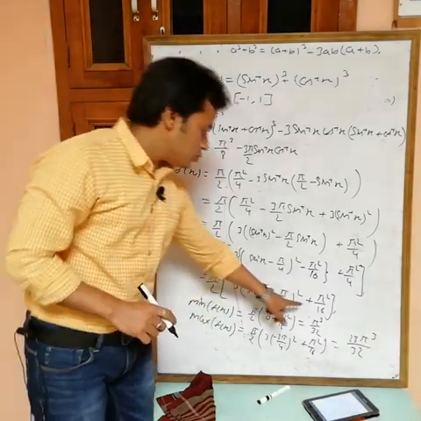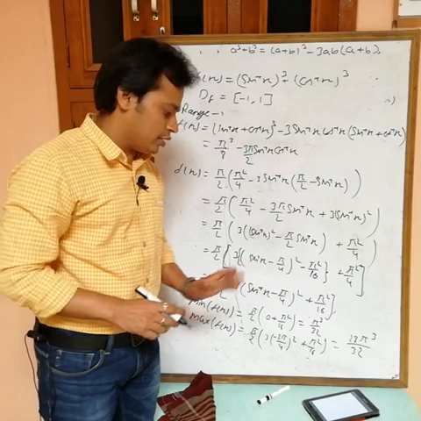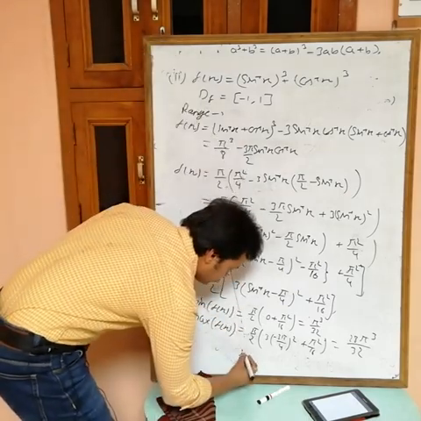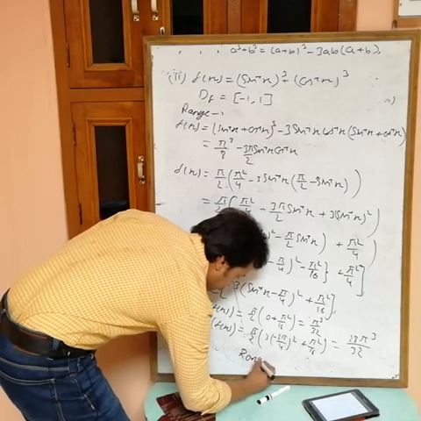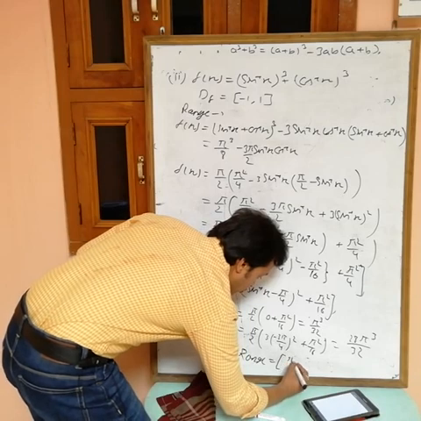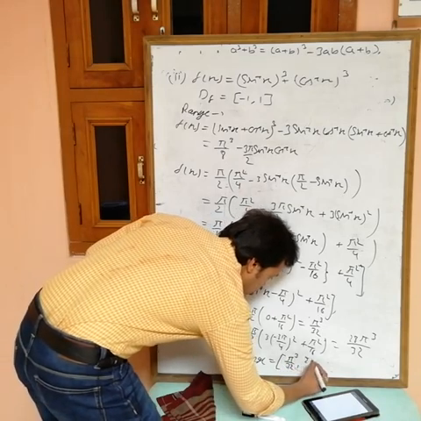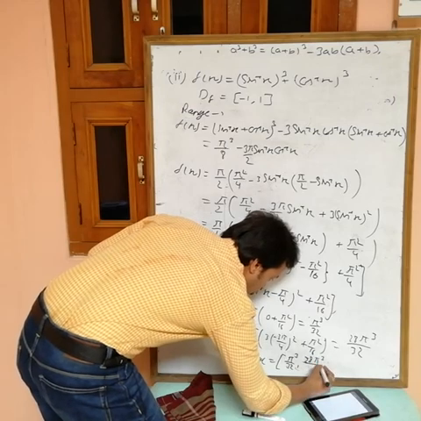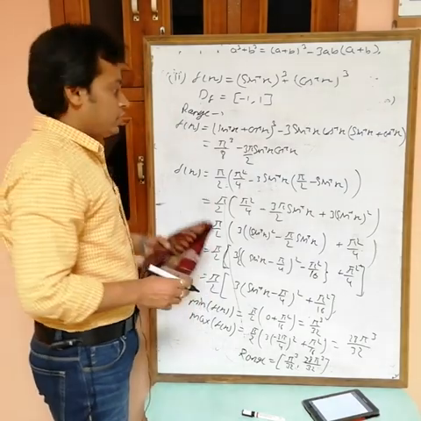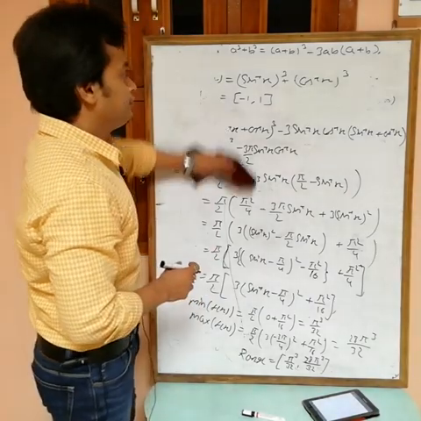So the minimum value is pi cube by 32 and the maximum value is 28 pi cube by 32. So the range is minimum pi cube by 32 and maximum 28 pi cube by 32. Okay, so this is the range. Is it clear? Okay.